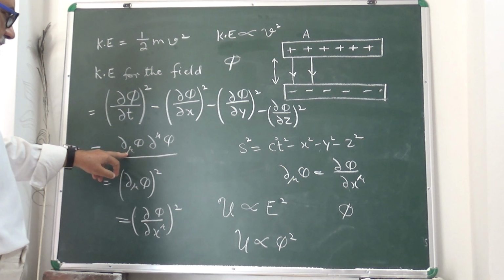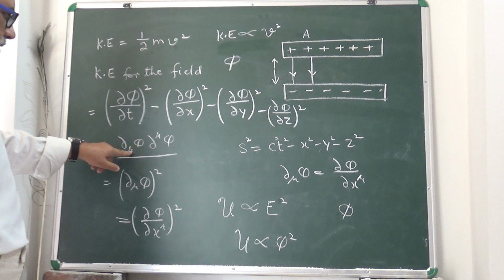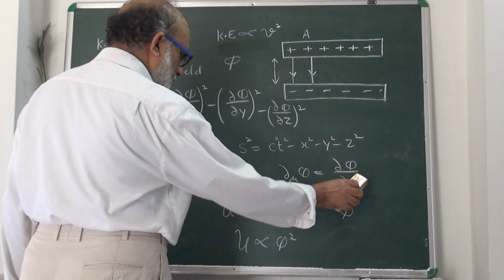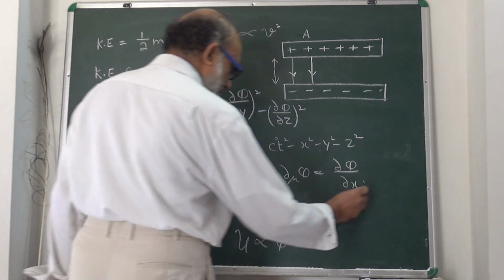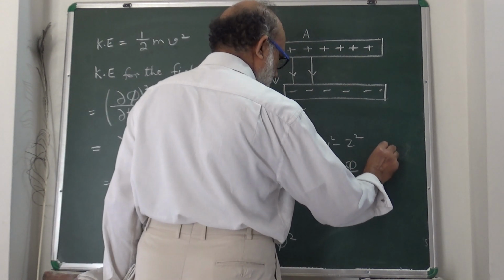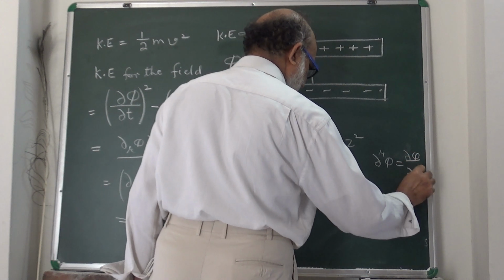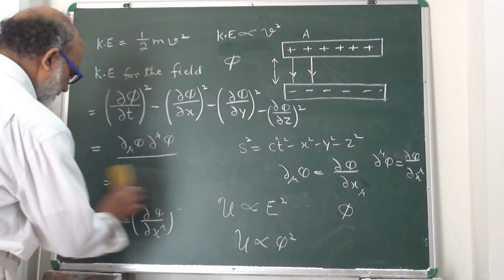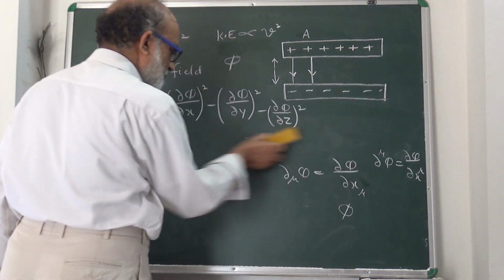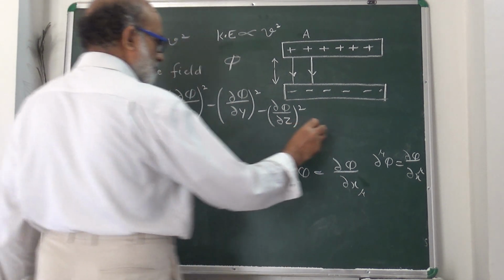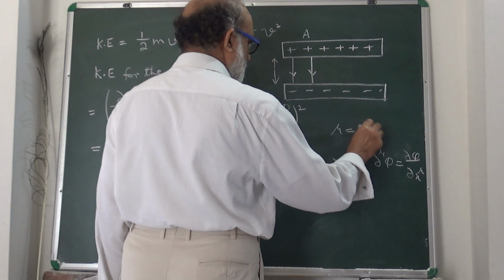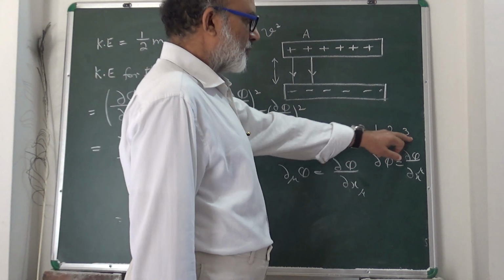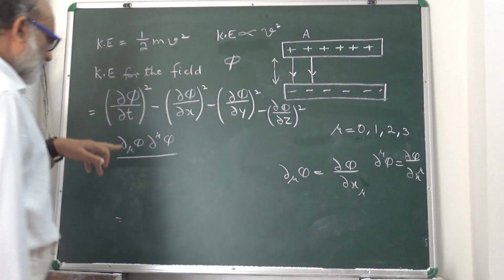I am writing it as d mu phi, where mu is a subscript here and a superscript there. d mu phi means the variation of phi with respect to x mu, where mu is an index, 0, 1, 2, 3. The 0th index is reserved for time, and the others are for space: the x coordinate, y coordinate, and z coordinate.